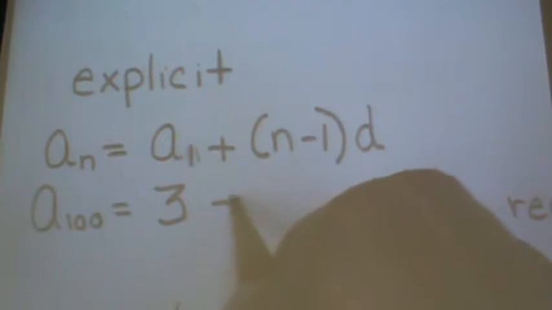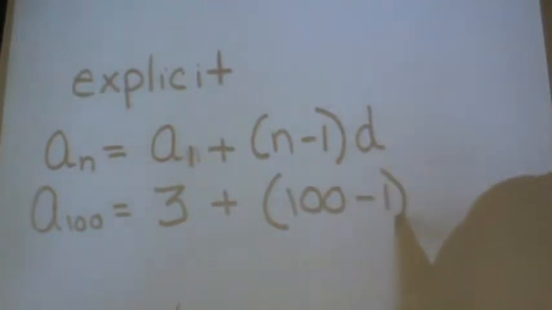So n, if I'm looking for the 100th term in this pattern of numbers, so continuing on this pattern, if I want to jump to term 100, as long as I know the first term, which is defined as 3, you're going to find the 100th term by doing 100 minus 1, and the common difference is 3.